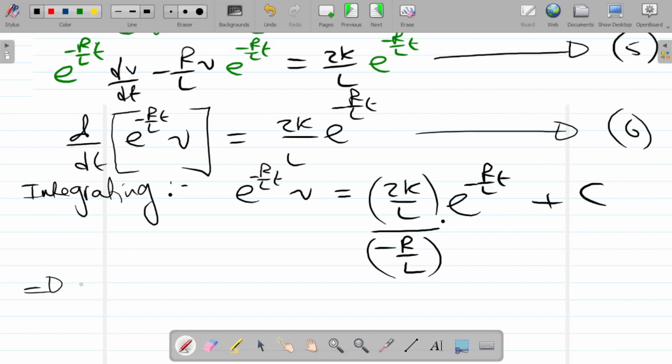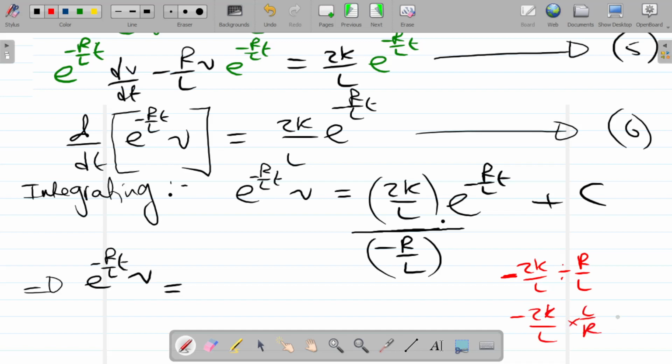So what's 2k over L all divided by minus r over L? Well, we can just work that out down here: 2k over L divided by r over L, and we've got the minus sign there, which we mustn't forget. This is the same as writing minus 2k over L times L over r, and that's equal to minus 2k over r.